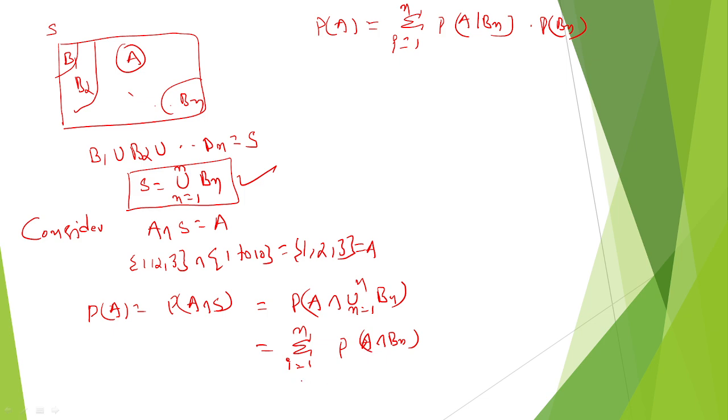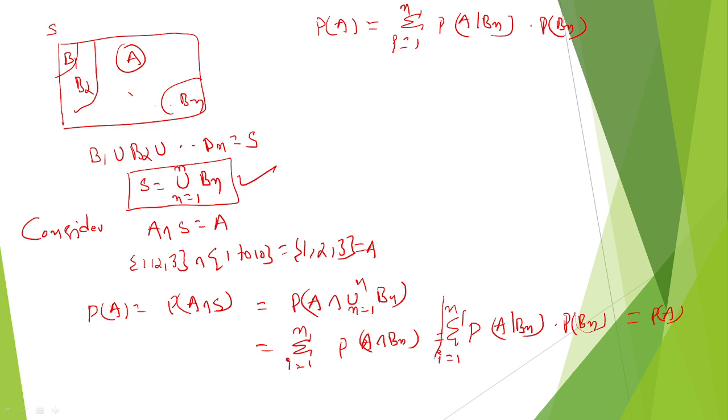But according to conditional probability, we can write P of A intersection Bi as P of A by Bi multiplied with P of Bi. That's it. So this is the total probability theorem.